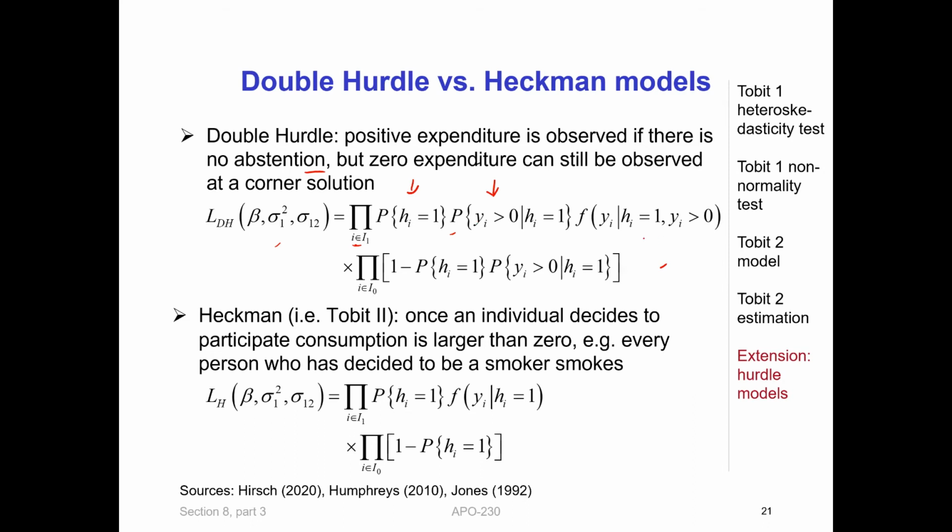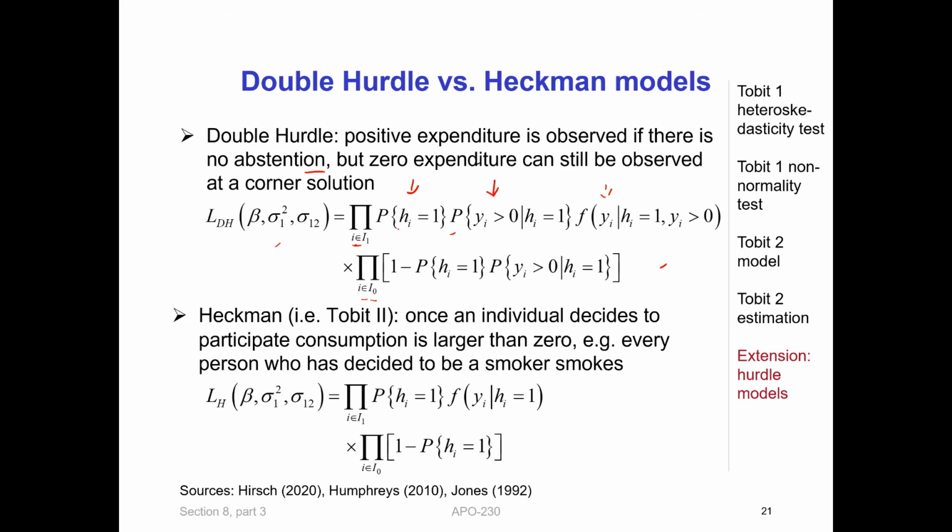And this again is the density that we have seen in the case of the Tobit 2 model, but now conditional on both h_i equal to 1 and y_i larger than 0. And for the set of zero observations, two things also.